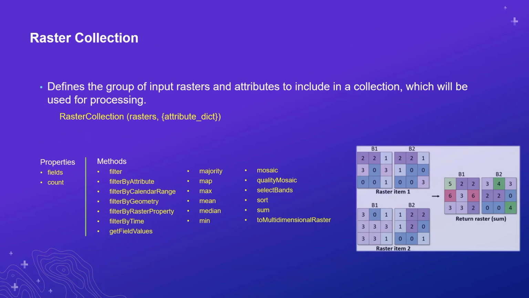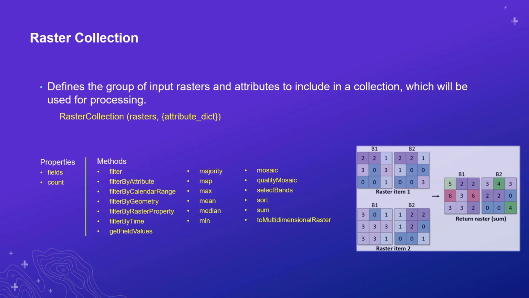Let's take another close look at the raster collection. A raster collection defines the group of input rasters, and you can use attributes to filter it if you want to. When you are creating it, you can use attributes to create that collection, and eventually use attributes to filter it. It has a bunch of properties and methods.